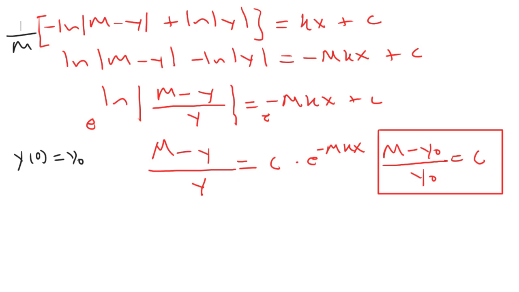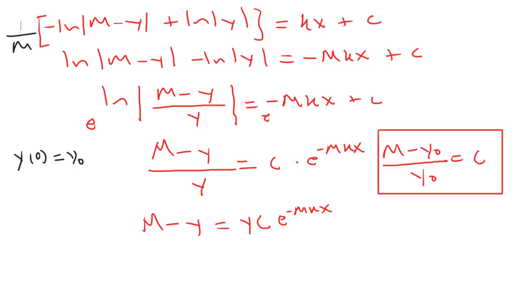So in any case, it's kind of like you have this very large constant hanging around. But if you prefer, before we do that, we could just say that m minus y equals y times c times e to the negative mkx.